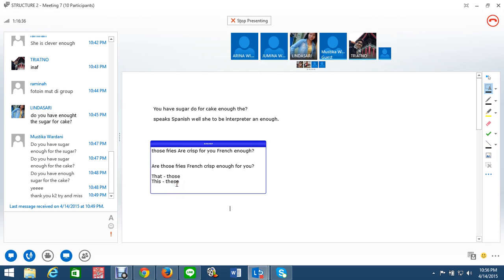This, ini long e, this is short e. This is phonetic transcription for this, and this is for this. It is called long e. So this is long e in phonetic transcription.